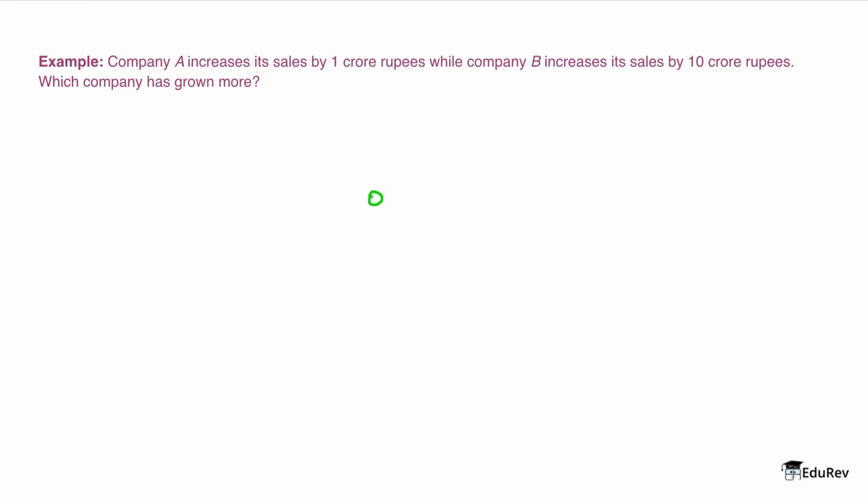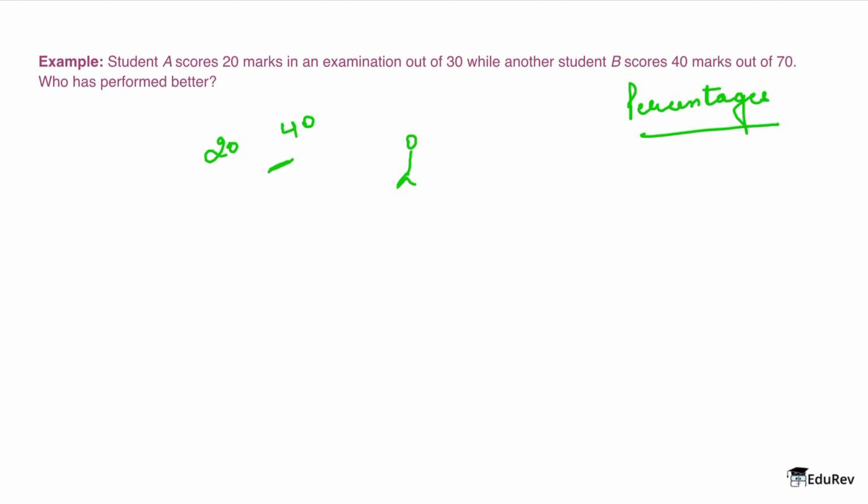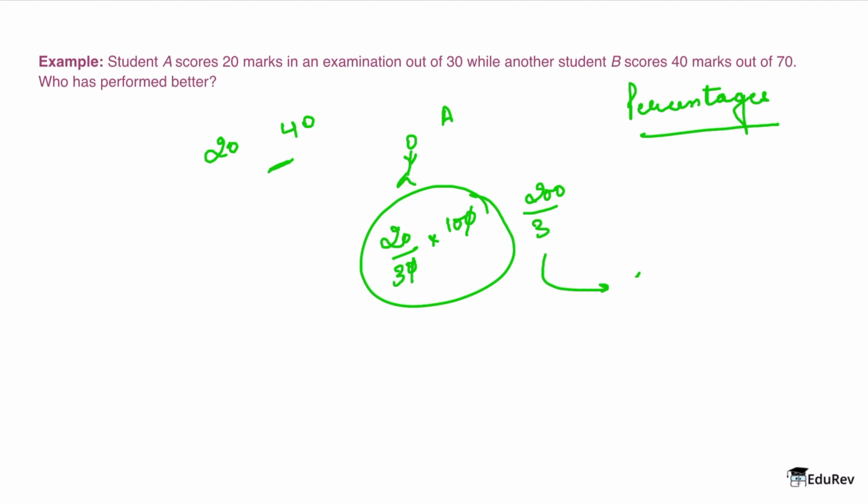Now suppose there is this person A and it gets 20 marks out of 30. If I calculate the percentage, it will be 200 by 3, which is nothing but 66.66%. Correct. Whereas there is another person B, and B gets 40 marks out of 70.